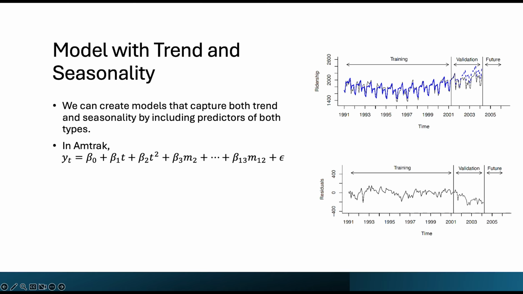Then we're going to add the 11 dummy variables, taking values zeros and ones. Remember that we eliminate the reference month, which is the first month, January, so the dummies represent February through December. Now if you look at the pattern, we technically captured both parts, most of the seasonality and most of the trend for the training.